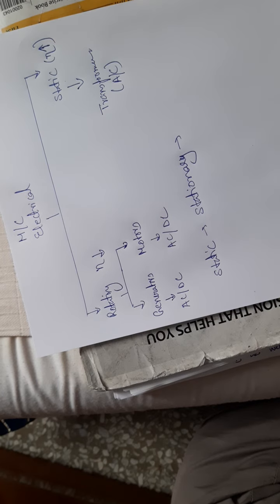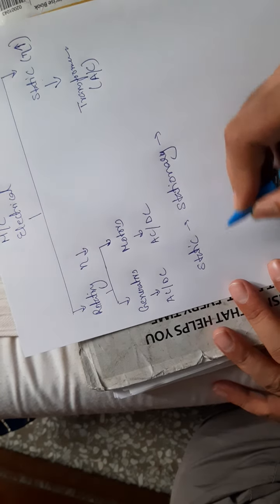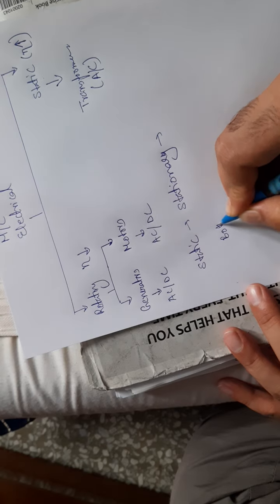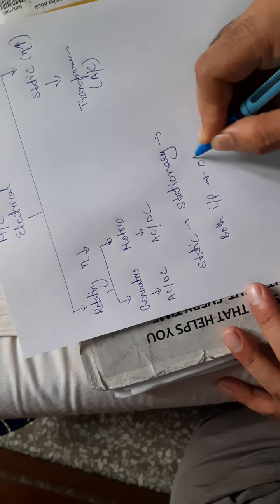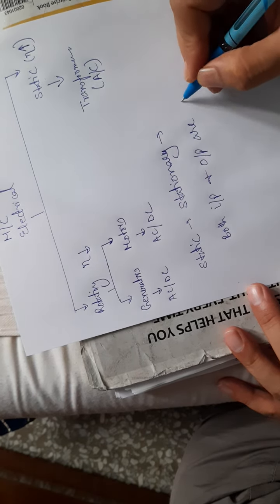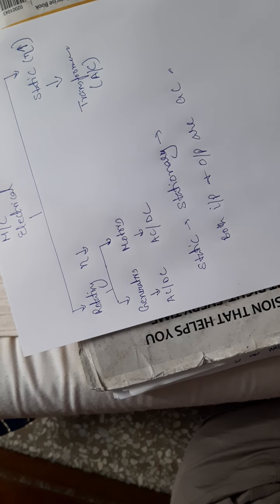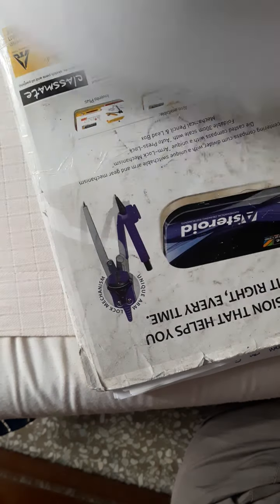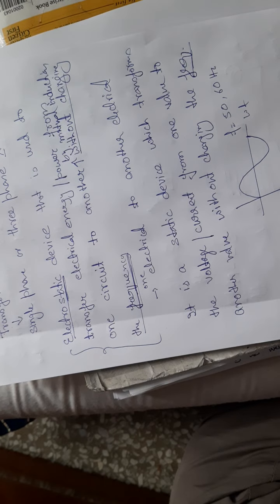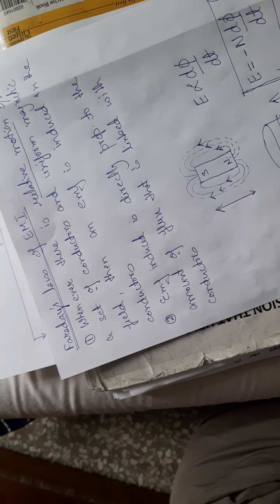In a transformer, both input and output are AC quantities. So let us first discuss. So far we discussed the definition of a transformer. What is the principle on which it works?